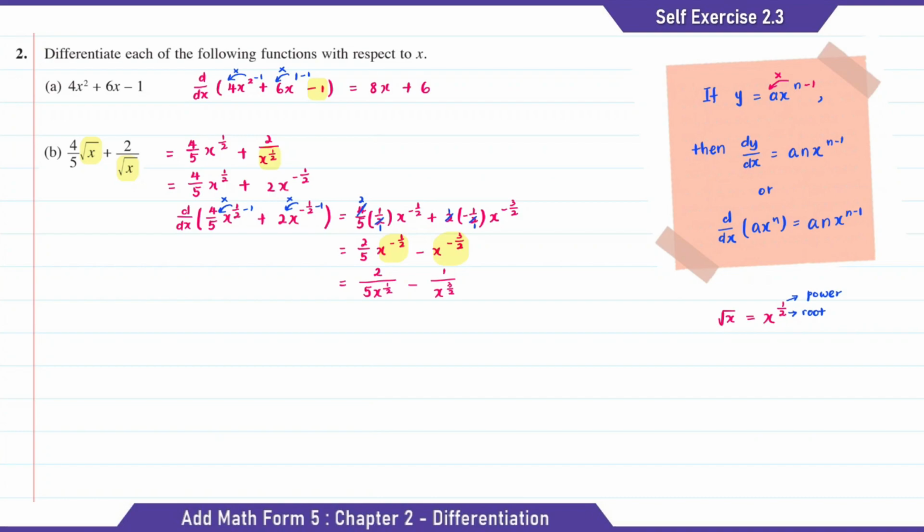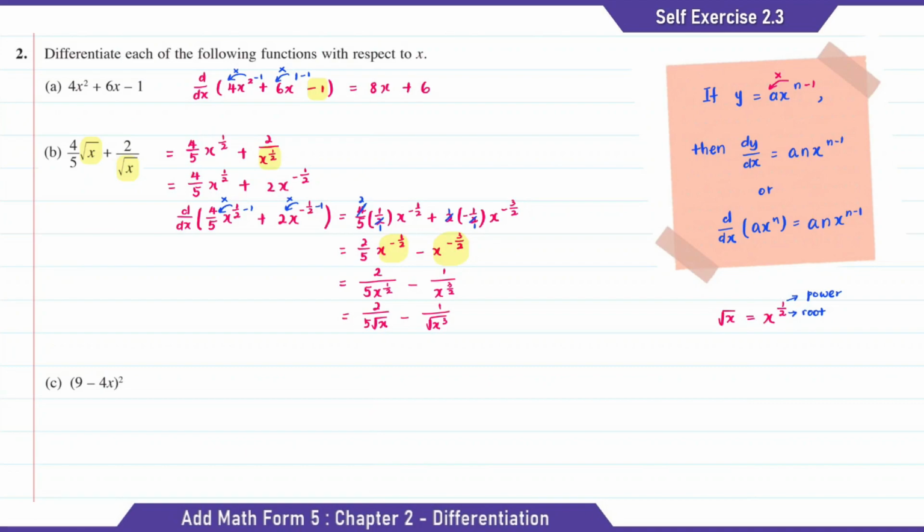So remember, when the power is in fraction form, the numerator is referred to the power and the denominator is referred to the root. Then I can write this as 2 over 5 square root of x minus 1 over square root of x to the power of 3.